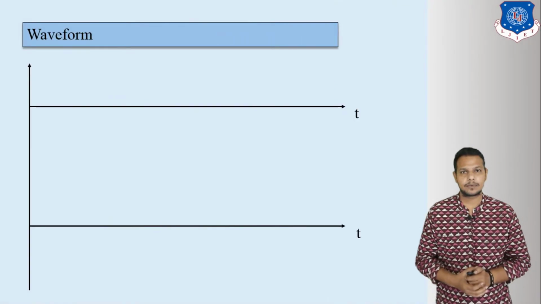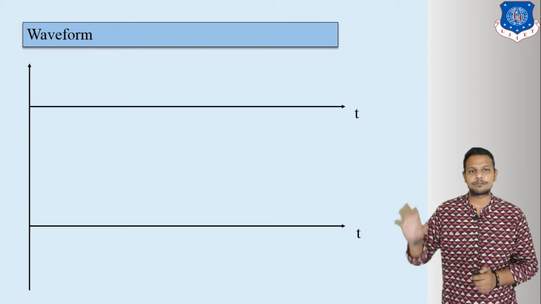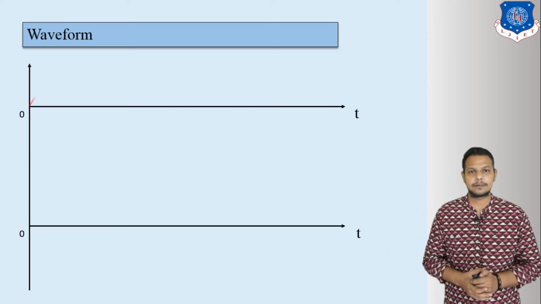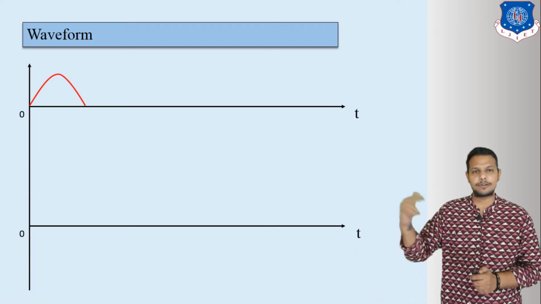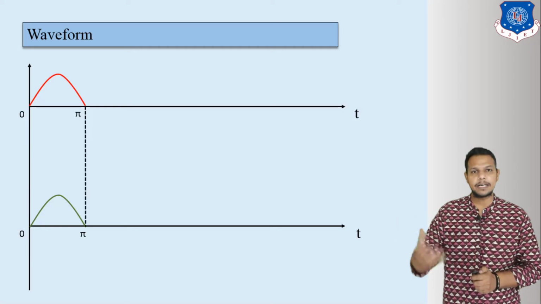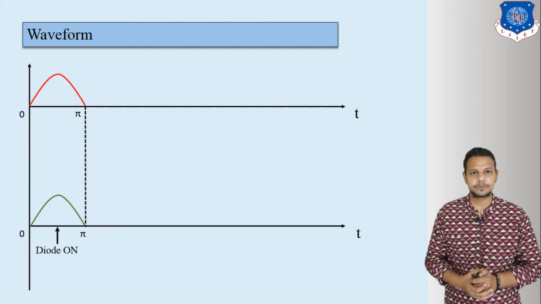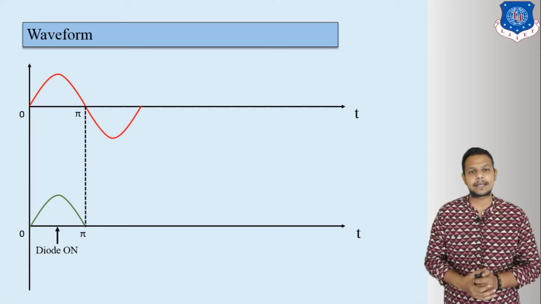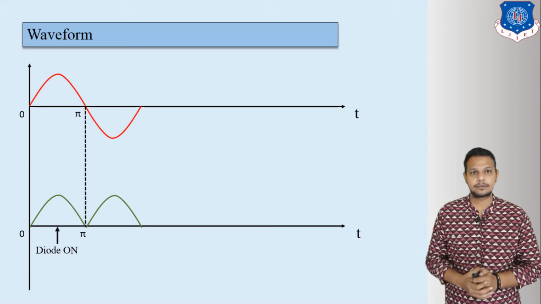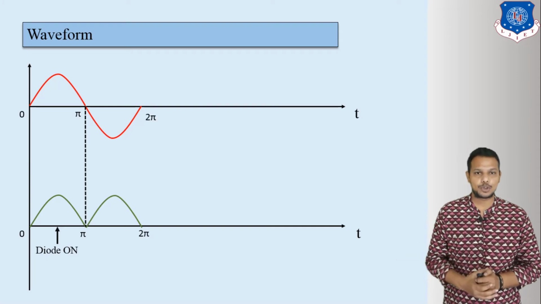So here is the final waveform of this construction. If we enter a positive waveform, then we get a positive waveform at the output side. Now at the input, if we apply the negative half cycle, we will get positive again, pi to 2 pi.